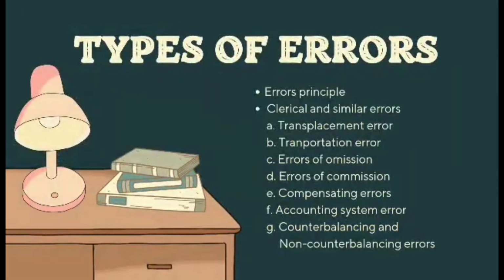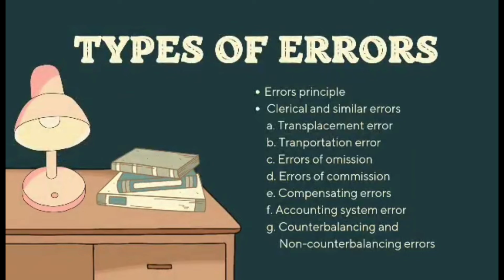Errors of omission. For example, the accountant forgot to record a transaction. Errors of commission. For example, the accountant recorded a transaction twice or partially. Ibig sabihin, yung dobleng nare-record ng accountant yung transaction. Compensation error.